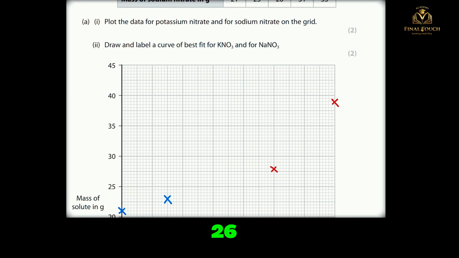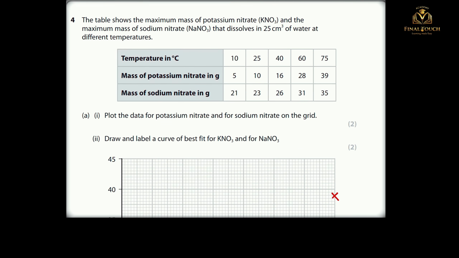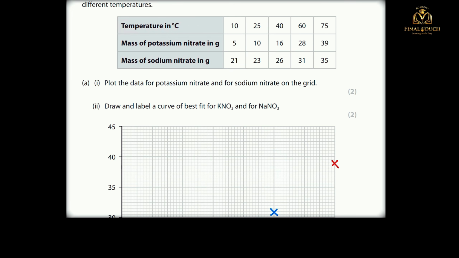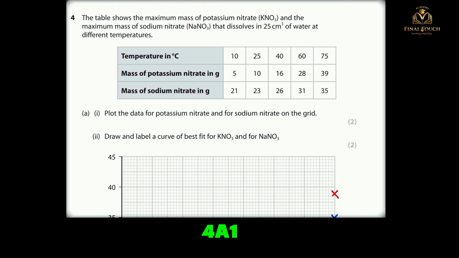At 40, it's 26. At 60, it's 31. At 75, it's 35. So that's our answer for 4A1.